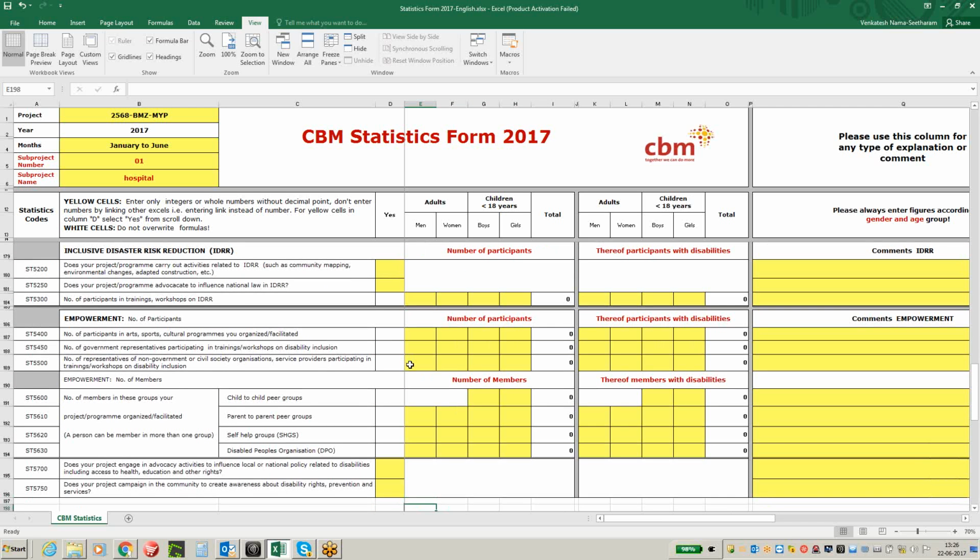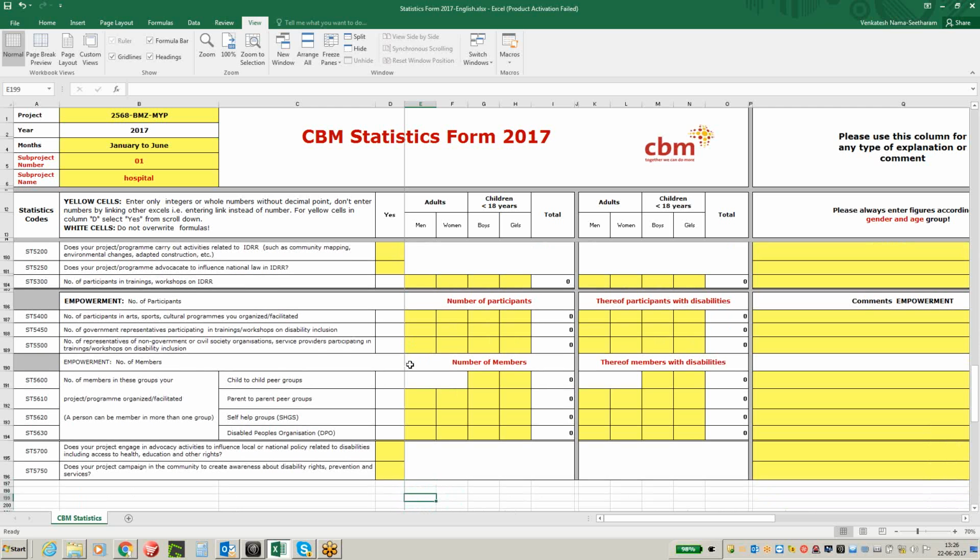So next comes the empowerment section, where you put the number of participants, the same as there, of persons with disabilities. Here you see number of members and thereof members with disabilities. For example, child-to-child peer group: how many boys and how many girls you have, and of them how many are disabled or persons with disability.